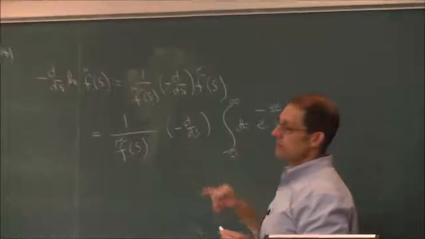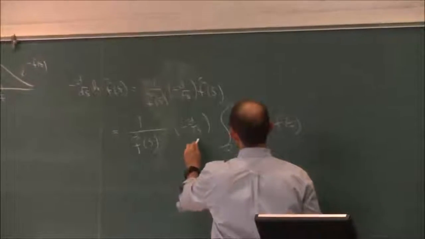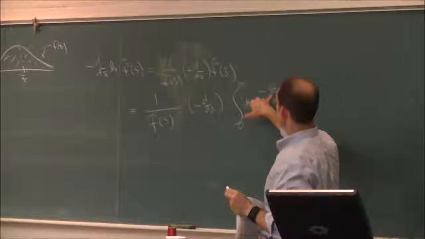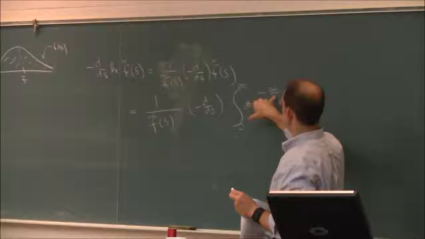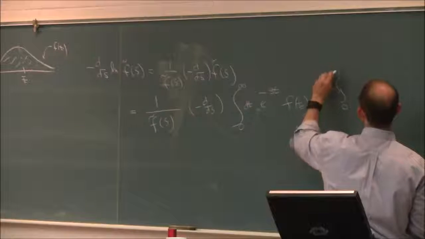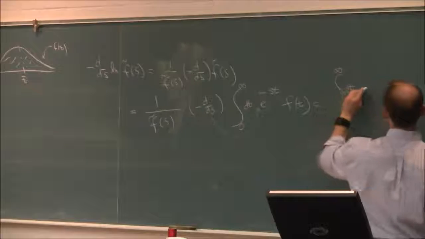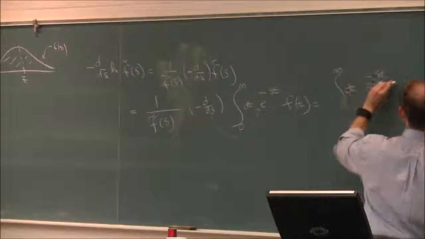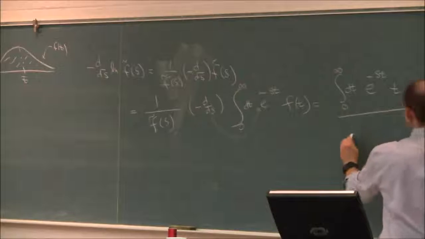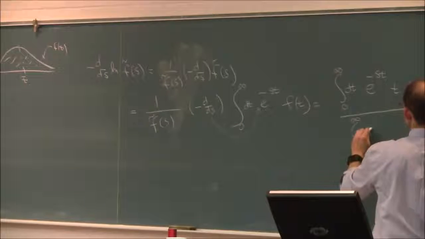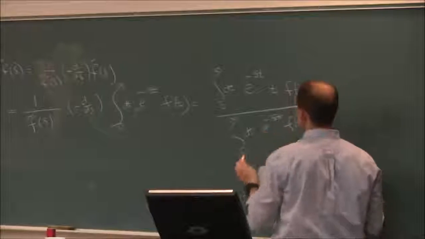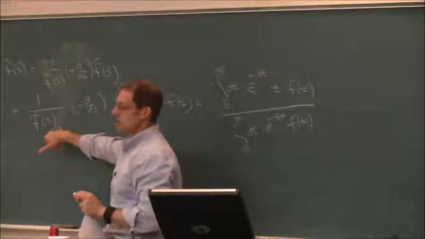So we'll move the derivative inside the integral. When it works on the exponent, minus d/ds of e to the minus st pulls down a power of t. So this is equal to the integral from 0 to infinity dt e to the minus st t f of t, divided by the integral from 0 to infinity dt e to the minus st f of t. That is the Laplace transform of f.